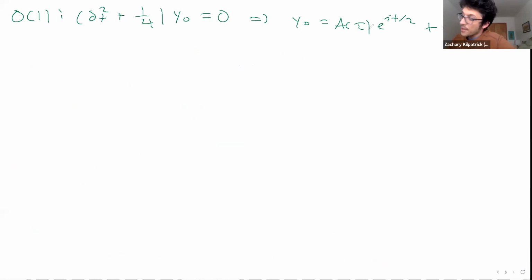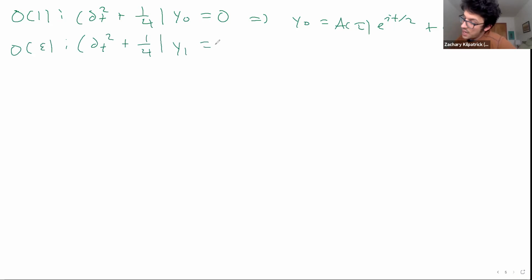We get some slowly varying coefficient of a periodic function plus its complex conjugate there. We could do this in terms of trig functions as well, but it works well for complex exponentials.